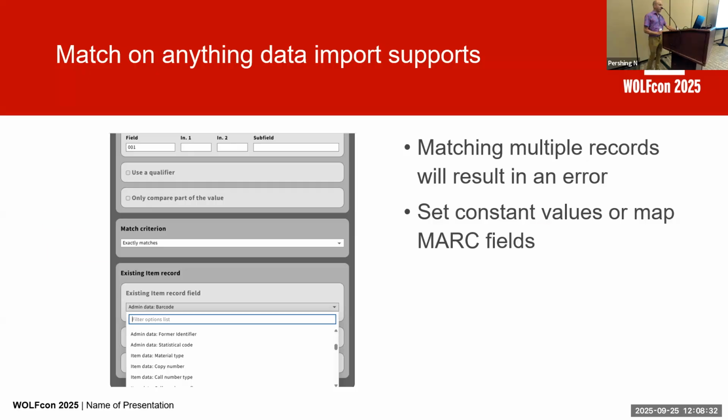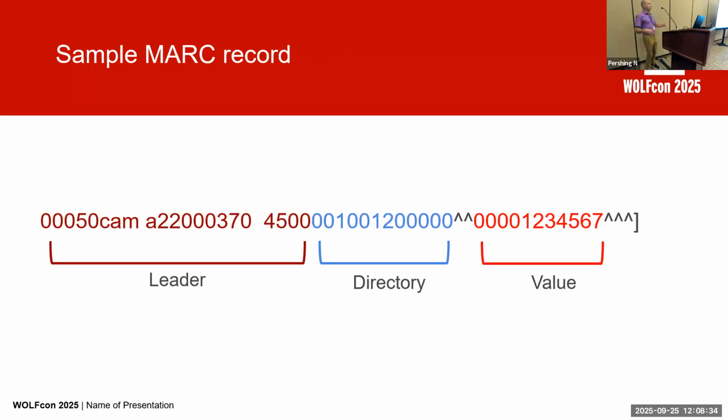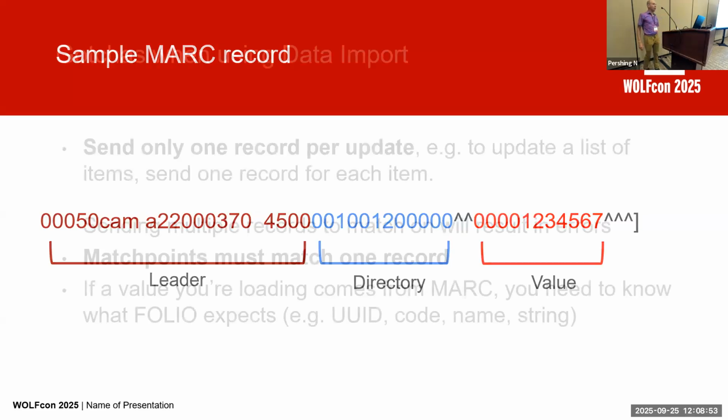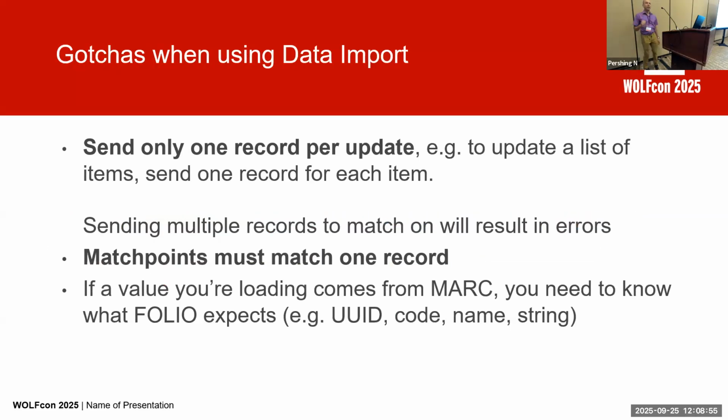But to give you an example of how simple the MARC record is, it's literally something like this. In this particular example, since there's only one field in it, you'd be presuming that we're going to do something with all these records, like stick them in a different location or change their status or something like that. But the main thing to know is when you're using data import to update holdings or items, send only one record per update, one record at a time.